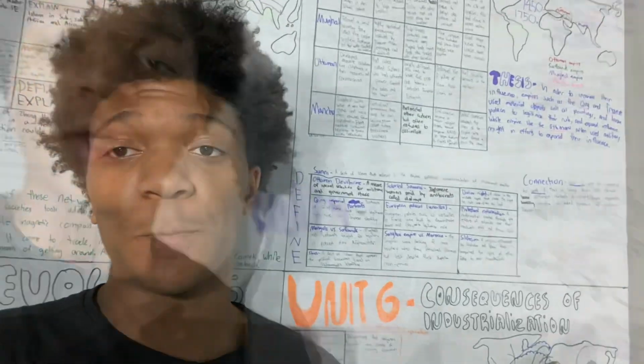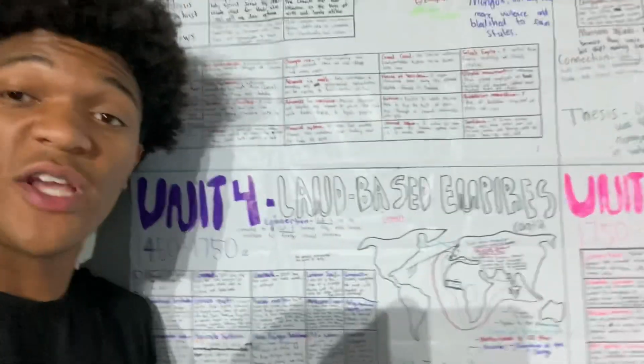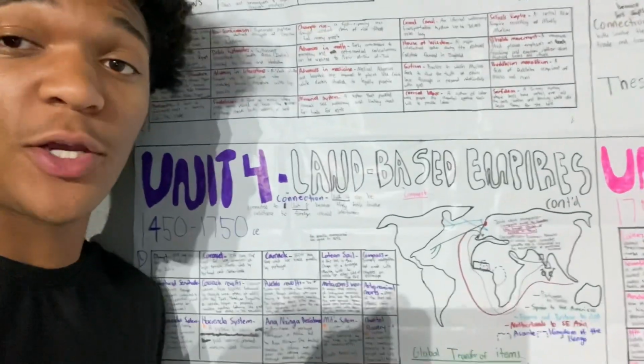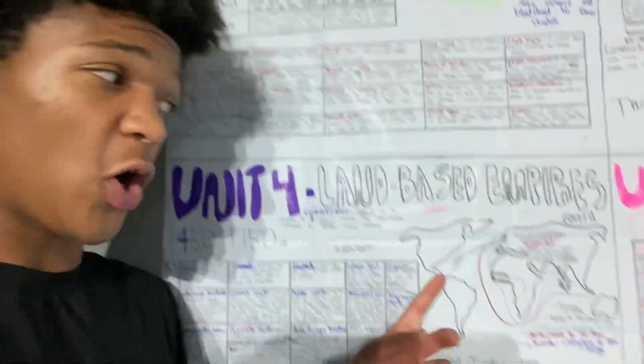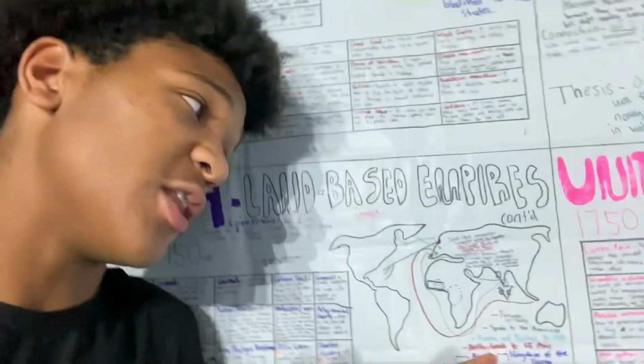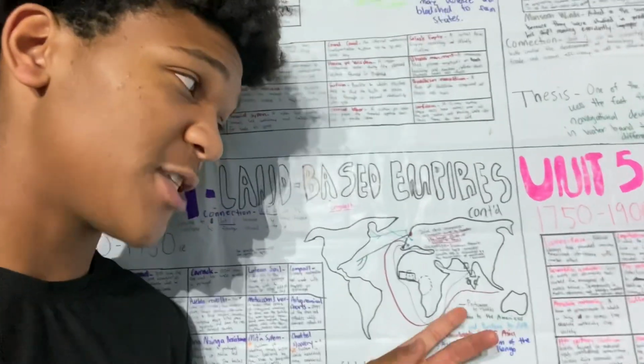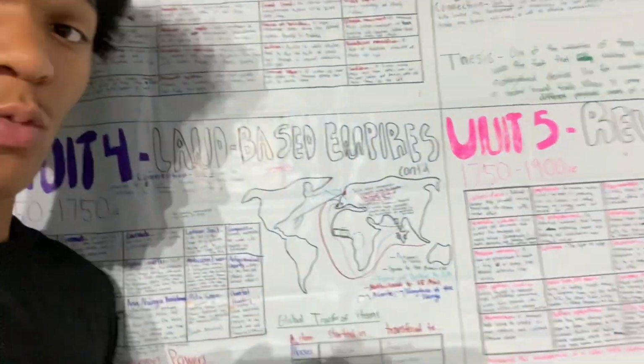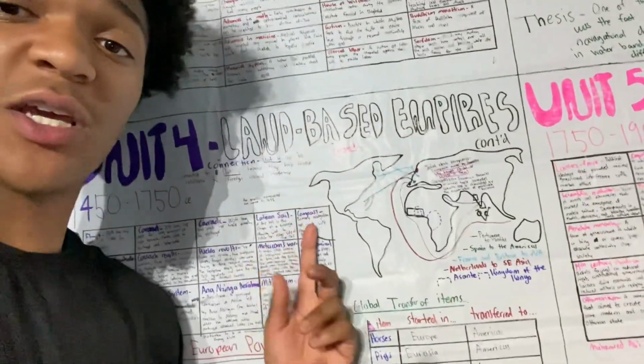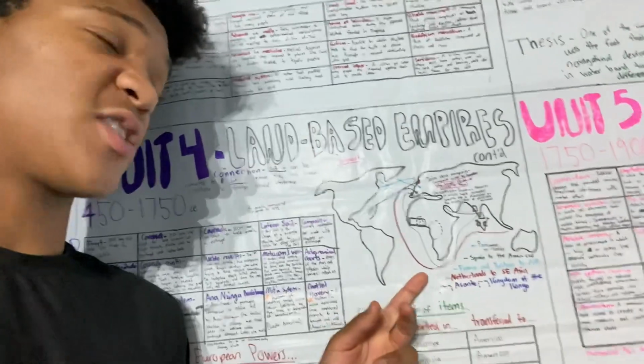And yeah, an example of how I included and used an AP region on my shower curtain would be here in Unit 4 on my map, where I displayed the movement of multiple empires like the Netherlands, France, and Spain to other parts of the world. Unit 4 largely encompasses imperial expansion.